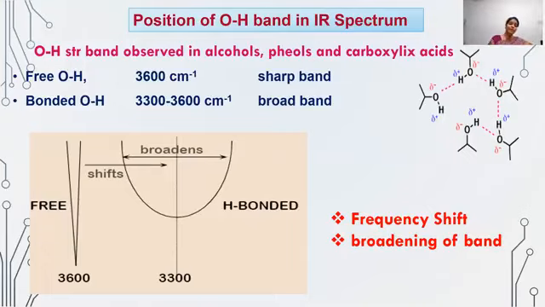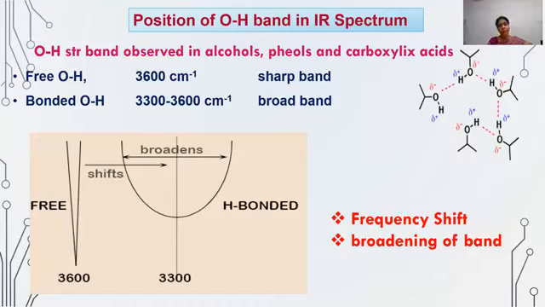What is the reason for the frequency shift? Why is the OH stretching vibration in a free OH compound 3600, and why in a hydrogen bonded compound is it 3300 centimeter inverse? In an intermolecularly hydrogen bonded compound, the OH bond is involved in the hydrogen bonding, so the bond strength between oxygen and hydrogen decreases.